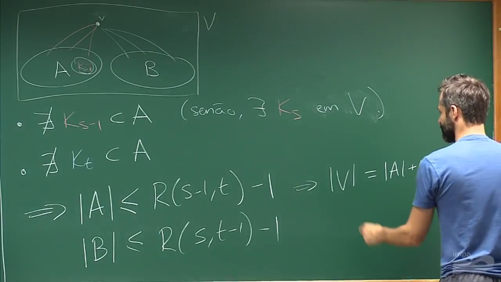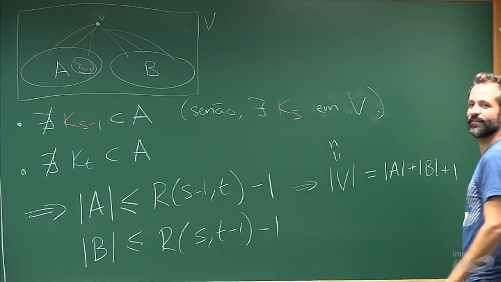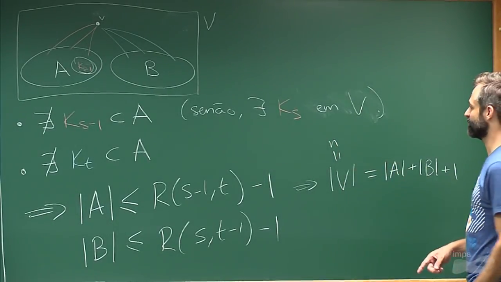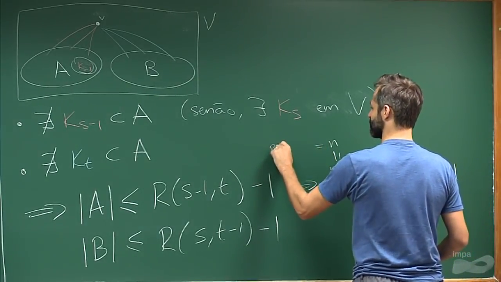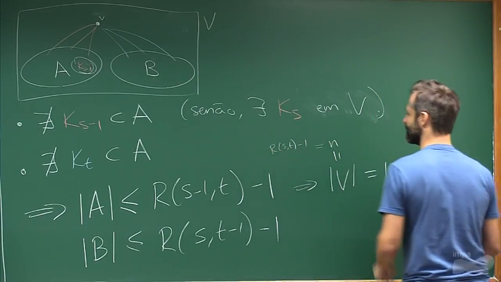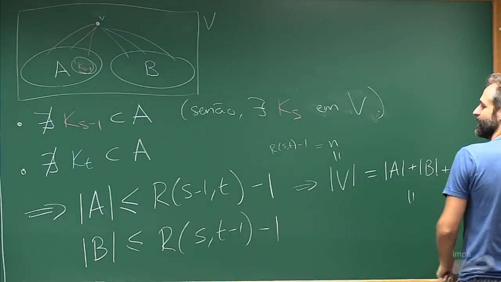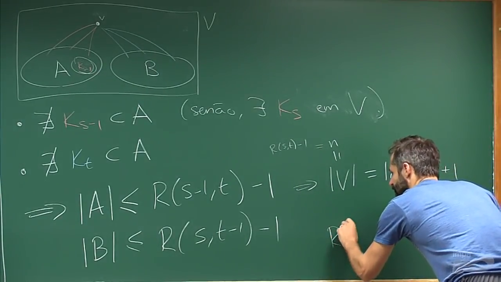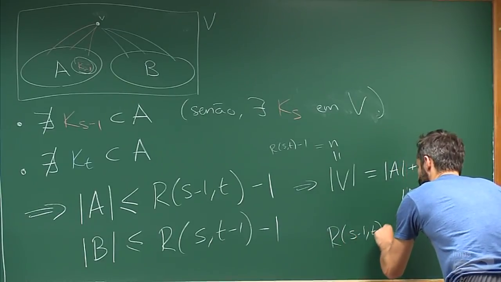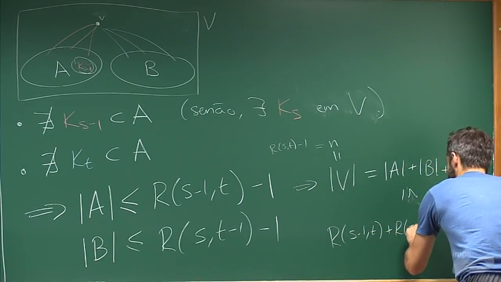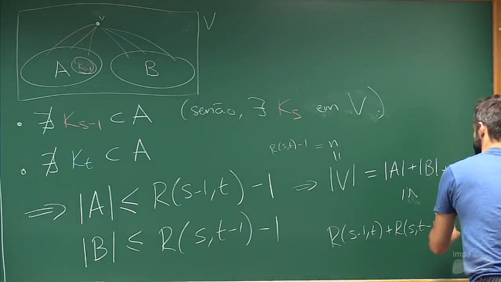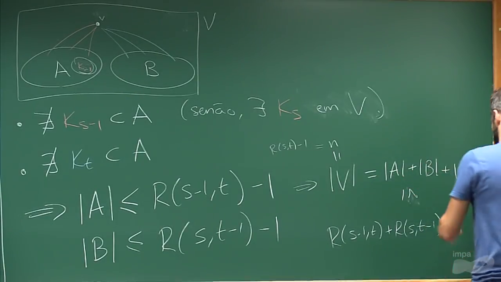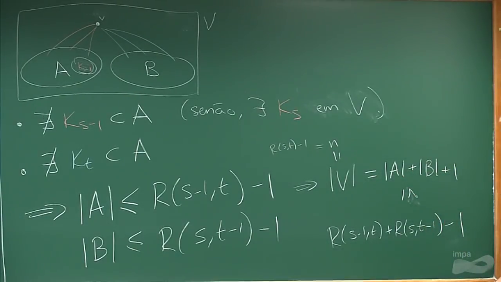This equals n, by assumption, which equals R(s,t) minus 1. And this is at most R(s-1,t) plus R(s,t-1) minus 2 plus 1. So we're done. Right?